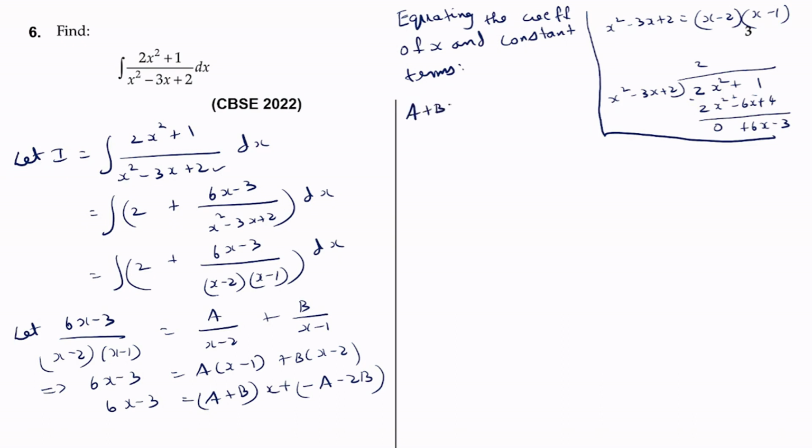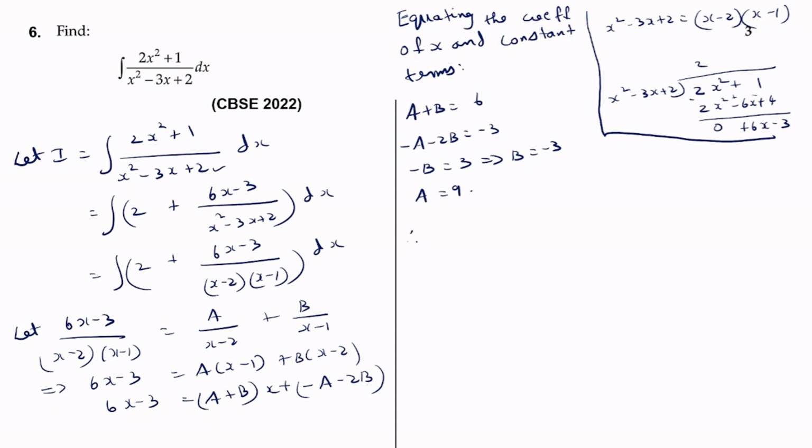A plus b equal to 6 and minus a minus 2b equal to minus 3. When we add these two, we will get minus b equal to 3 or b equal to minus 3. If we put b as minus 3 here, we will get a minus 3 equal to 6, a equal to 9.